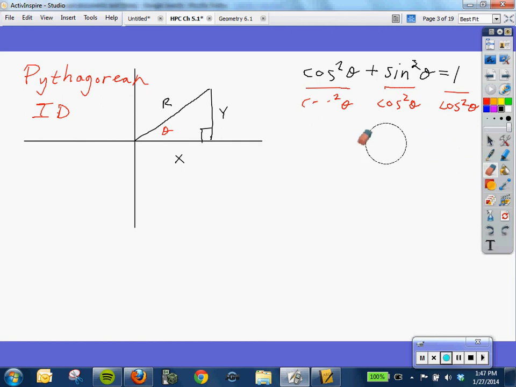And then the other one, if you divide by sine squared, you'll come up with the other identity. We have cosine over sine, which is cotangent.